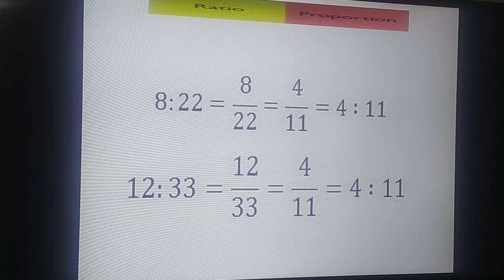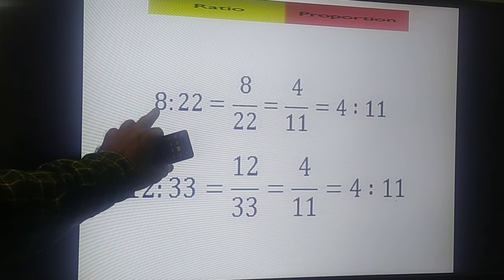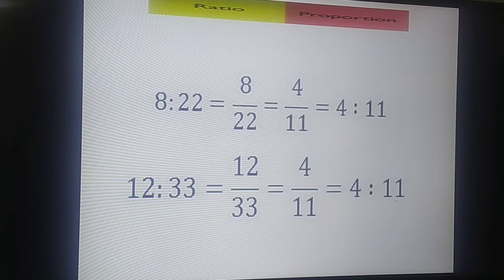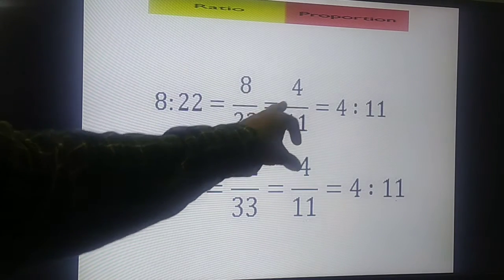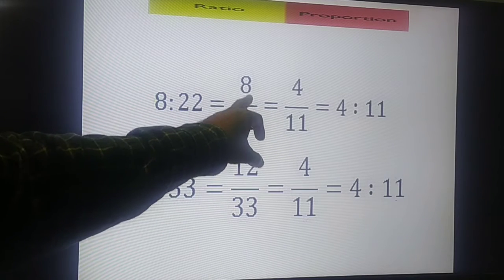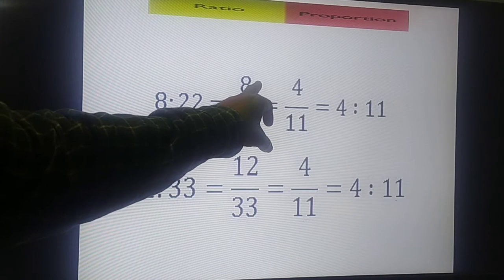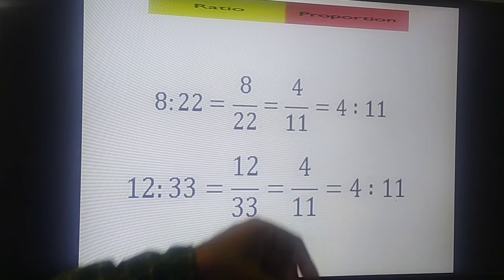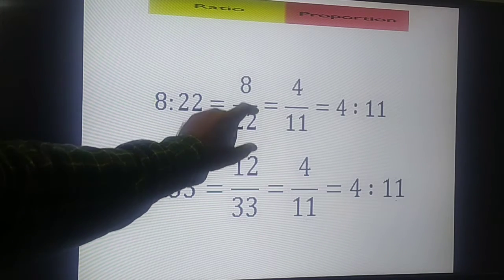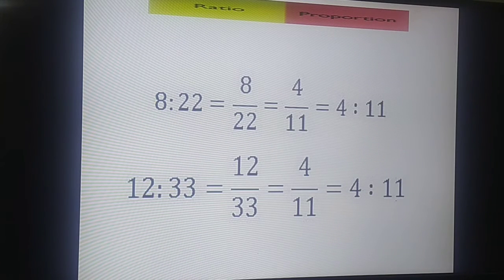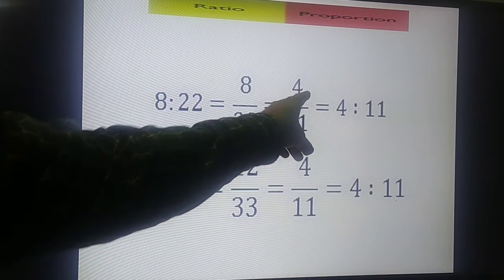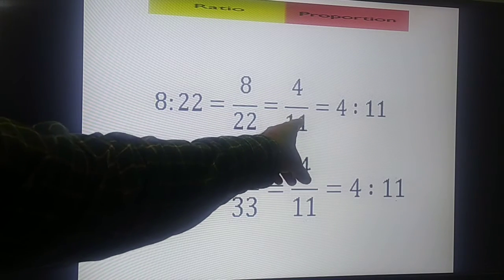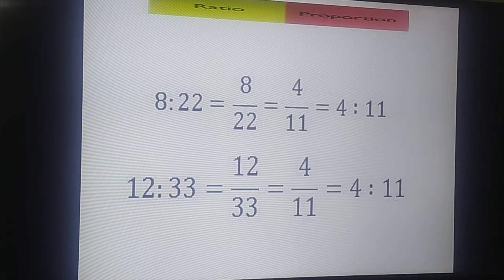So here are some examples. 8 by 22. The HCF of 8 and 22 is 2, so if we divide 8 by 2 and 22 by 2, then 8 divided by 2 gives 4, and 22 divided by 2 is 11.